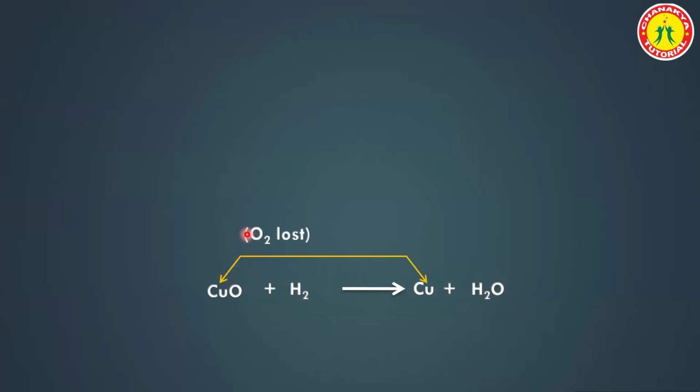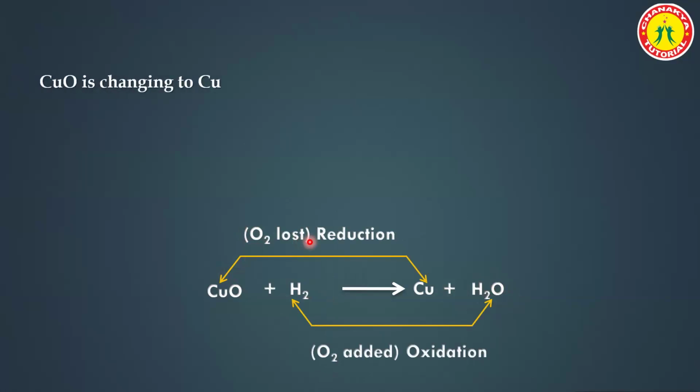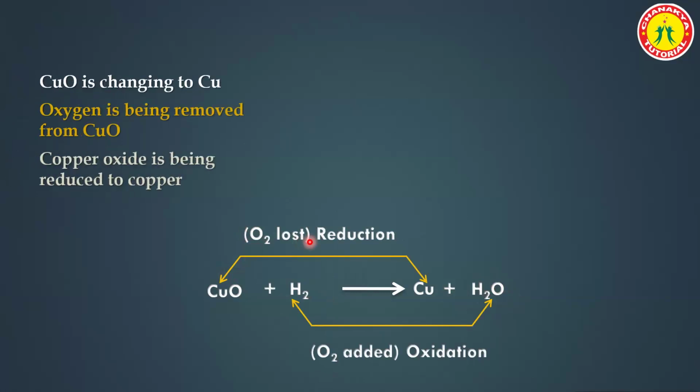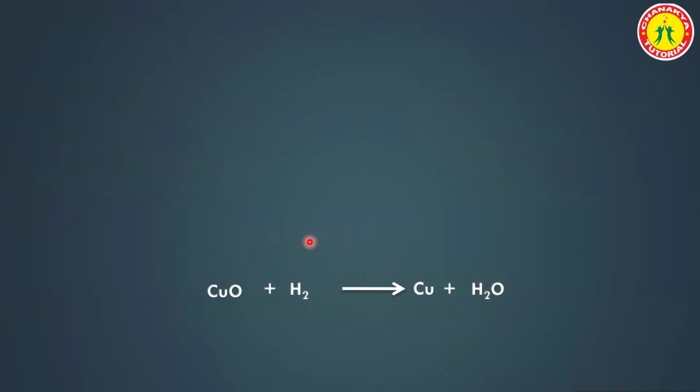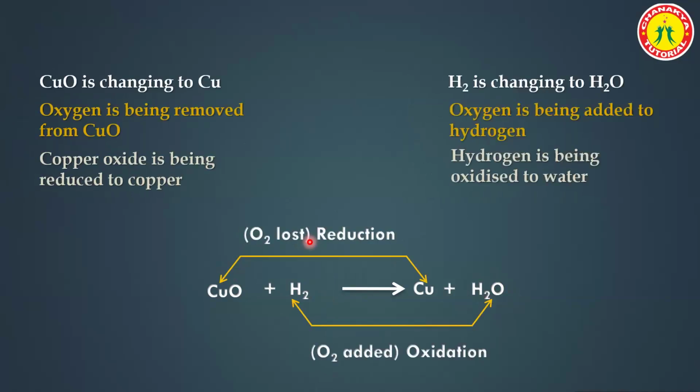Here oxygen is lost, that's why reduction, and here oxygen is gained, that's why oxidation reaction. So copper oxide changing to copper is an example of reduction reaction, because copper oxide is reduced to copper. While hydrogen changing to H2O is an example of oxidation reaction, because hydrogen is oxidized to H2O.